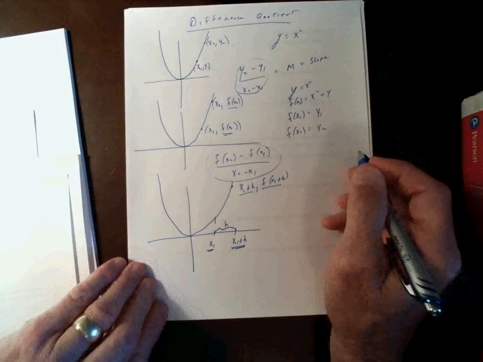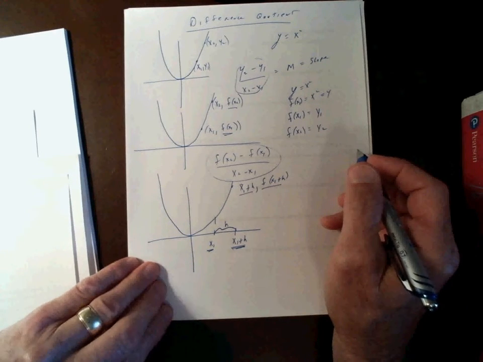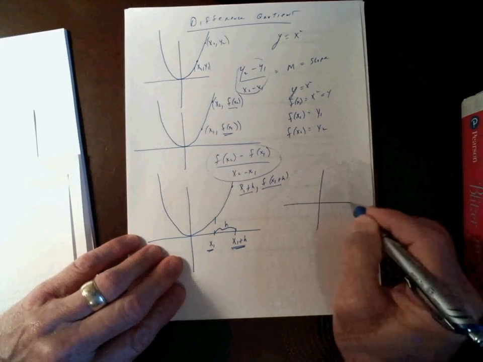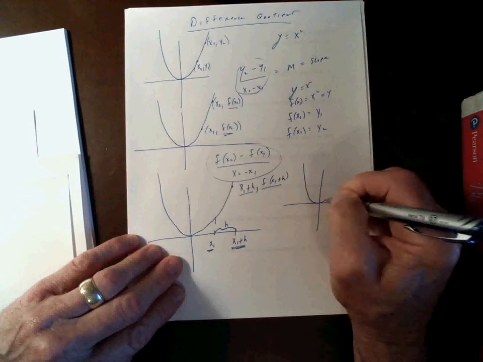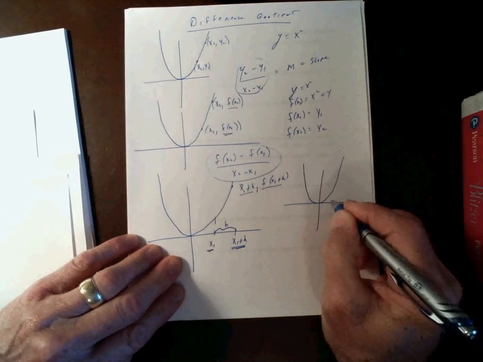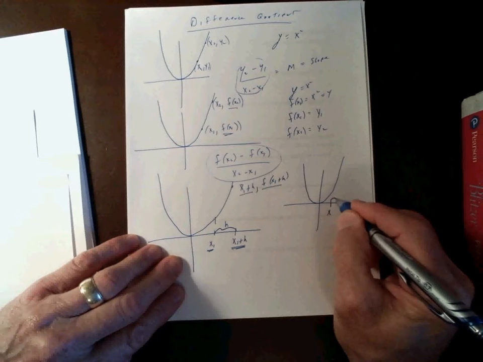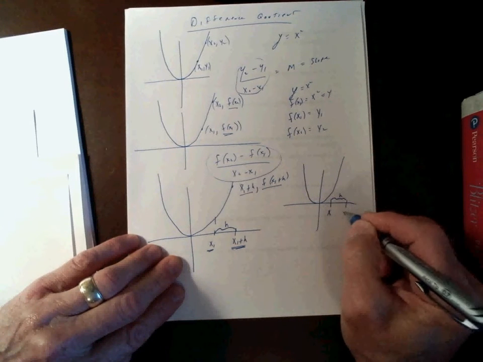And now we're going to describe what we call the difference quotient. Now, I don't really need to put x1, but just to make our lives a little bit easier, let's just call this x. And if I went over h units from that, this would be x plus h.